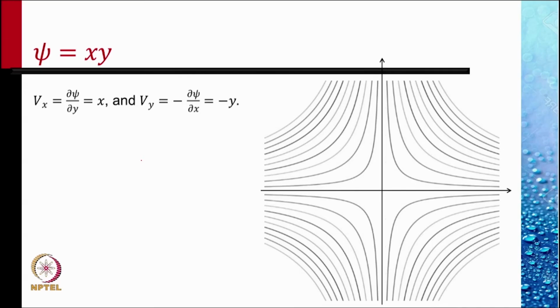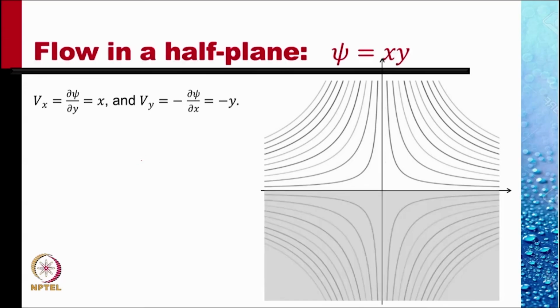Now, we have stated that no flow crosses a streamline. So, if we replace the x-axis by a wall, then ψ equal to xy represents the flow in a half plane above the wall, assuming the viscosity is not there, assuming that the no slip condition does not apply.